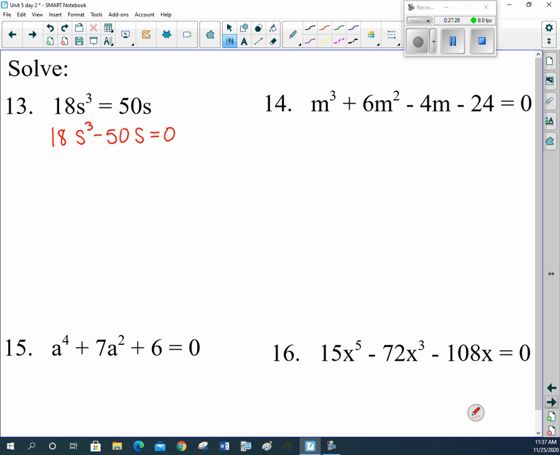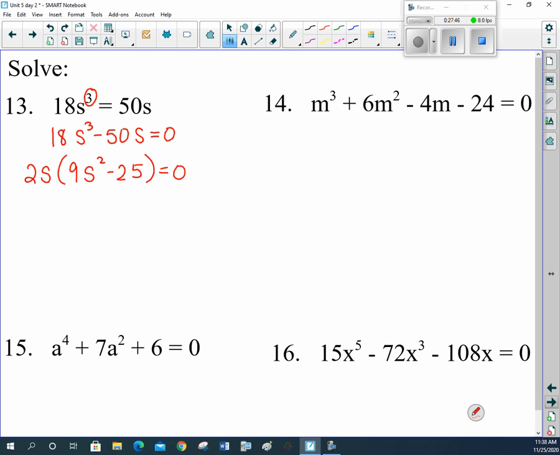Then I'm going to look for a GCF. So it looks like to me my GCF is probably 2s. So 2s out in front, and then 9s squared minus 25 equals 0.